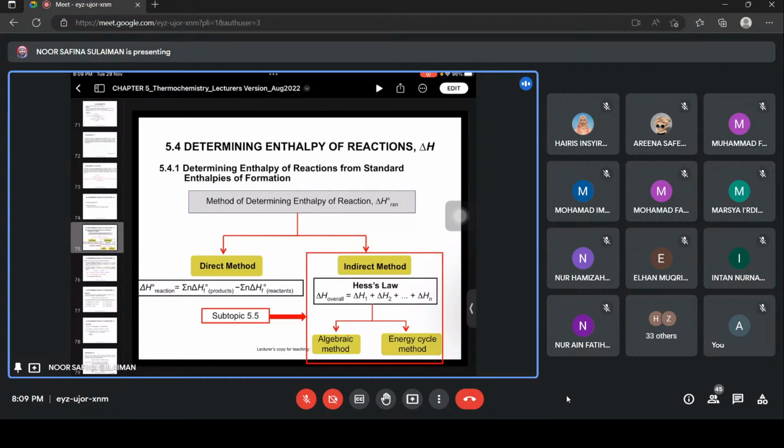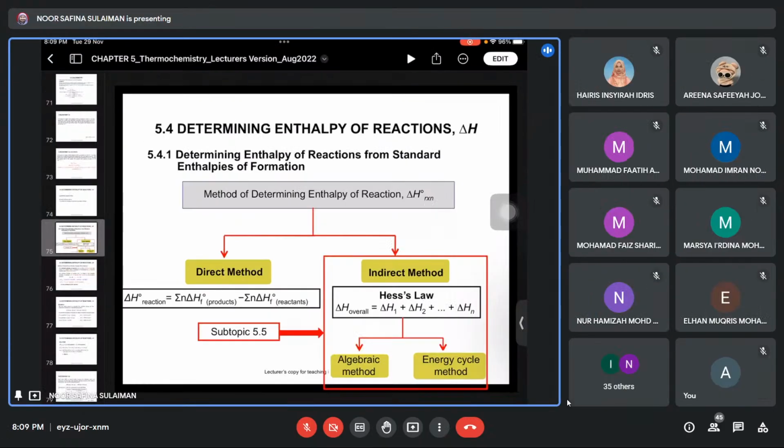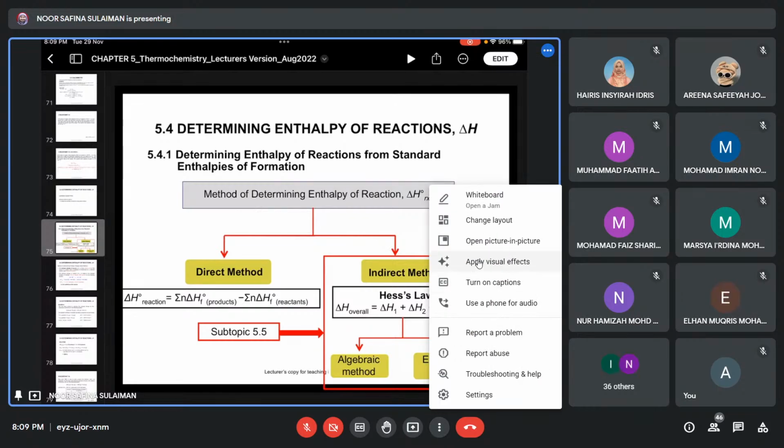So beberapa step yang diambil kira untuk nak hasilkan the final product. So you kena tahulah berapa enthalpy setiap step tersebut, and then you tambahkan semua, you dapatlah the delta H overall. So that one we call it as Hess law once you know the enthalpy for each step. And then we have algebraic methods and energy cycle method.